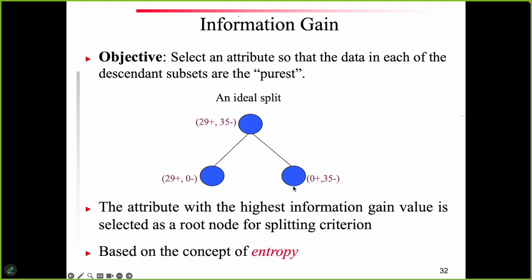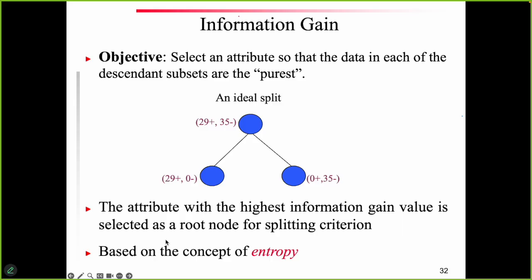So information gain measures how close we are to this ideal split. When you calculate information gain for several features, for example age and income, the attribute that has the highest information gain is the one you have to choose at each level.